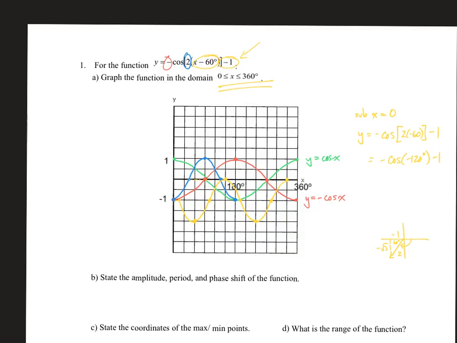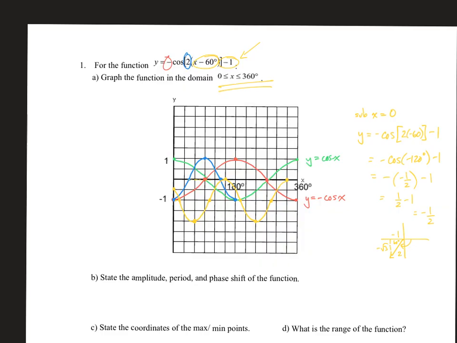And if I was to then calculate cos, my cos would be -1/2. So I can finish calculating that, and I'm going to get -1/2. I just came up with the exact value for what my y-intercept should be. So that tells me that at 0, I should be exactly at -1/2, and now I can complete my graph correctly.